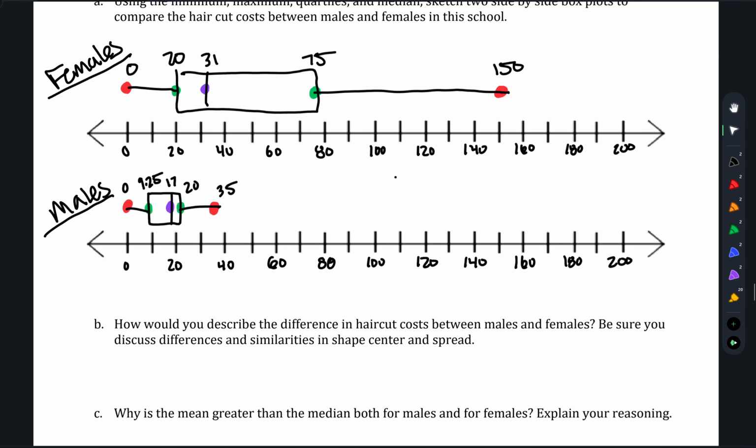Just tell me, why do you think it looks like this? What observations can you make about the shapes of these graphs? Anybody? What does this mean? Nobody's ever gotten a haircut before? You don't know what a haircut is like?